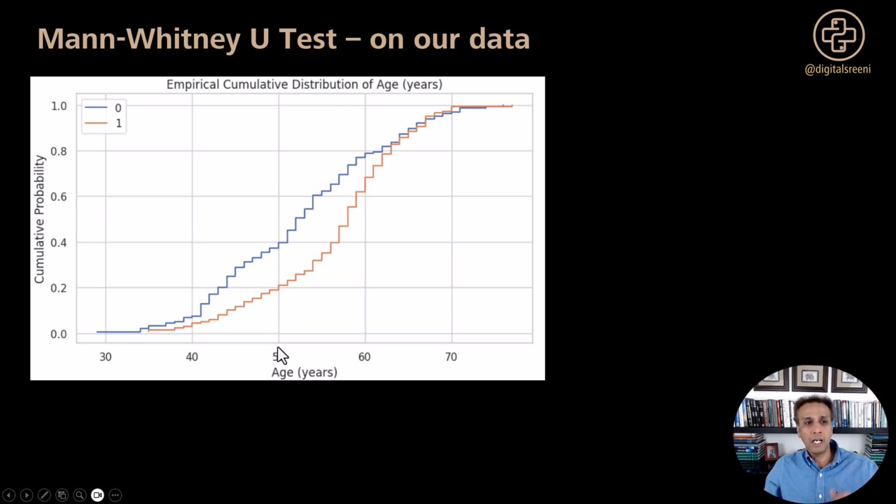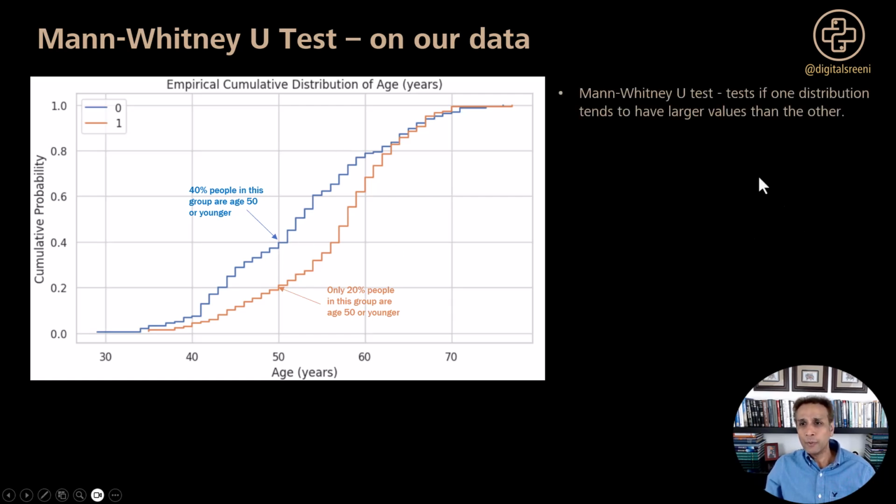That means the other 80% are older than age 50, which means we have more old people represented in this orange data, with heart disease, compared to the blue one. In the blue one, about 40% are age 50 or younger, so it tells us that group is much younger.